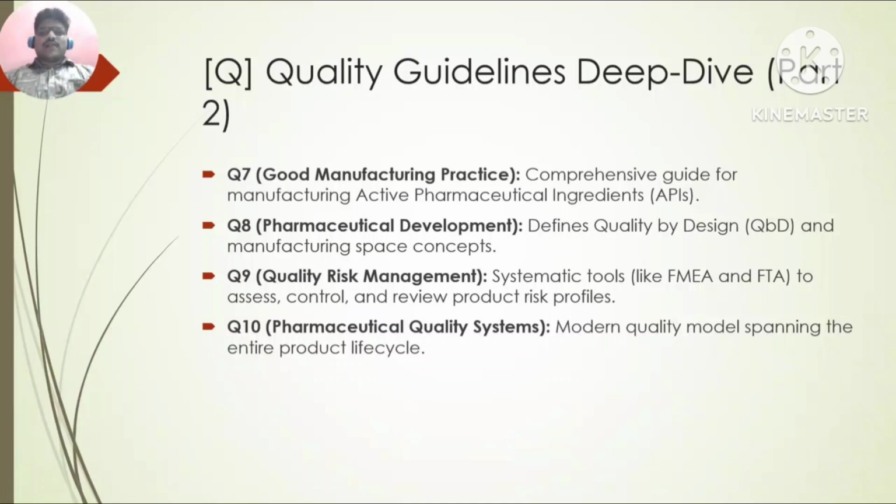Comprehensive guideline for manufacturing active pharmaceutical ingredients. Q8. Pharmaceutical development. It defines quality by design and design space concepts. Q9. Quality risk management. It gives systematic tools like FMEA and FTA to assess, control, and review product risk profiles.